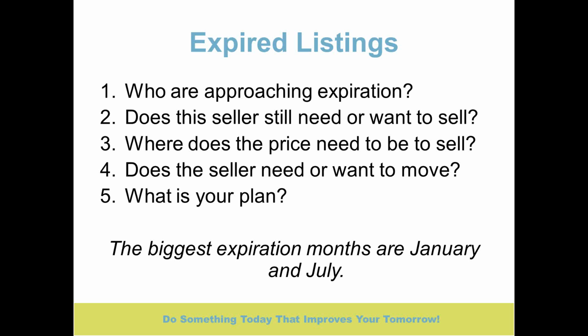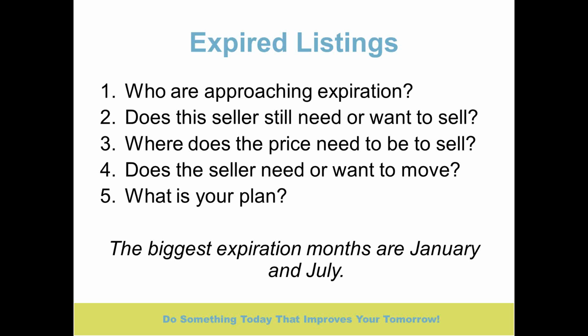The first thing you can do is speak to your realtor about expired listings and ask them, are you engaged in trying to pick up expired listings? Every MLS in the country can give you a list of all the expireds, what the properties are, when they expired.